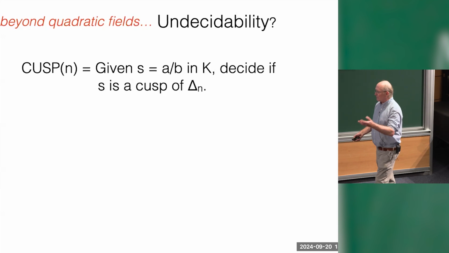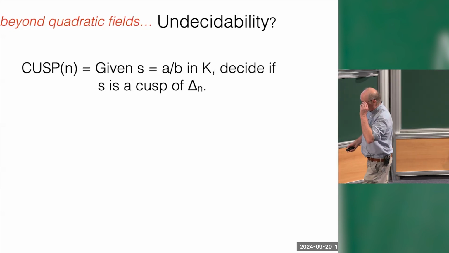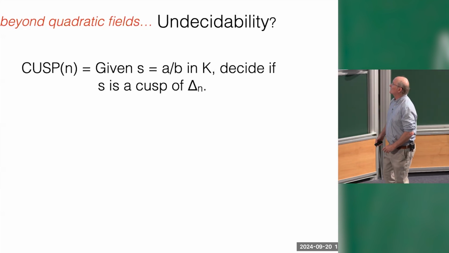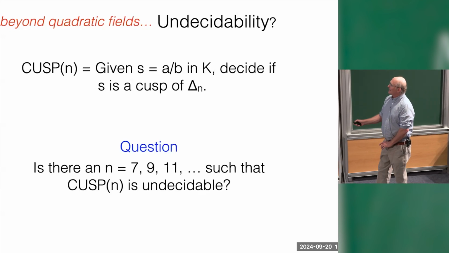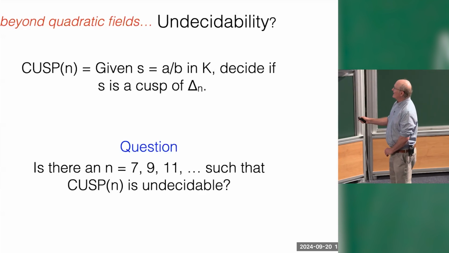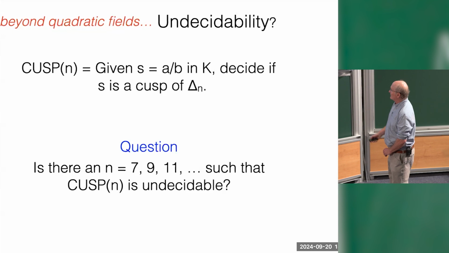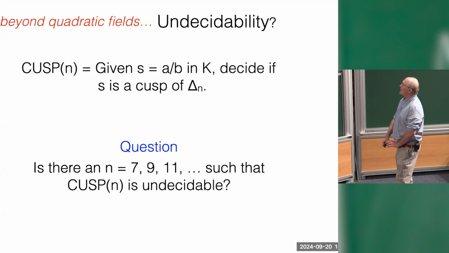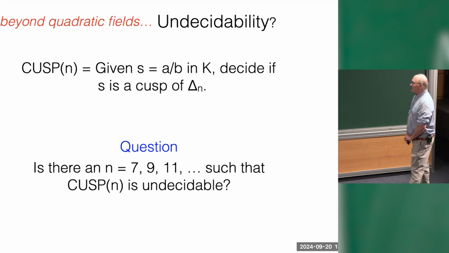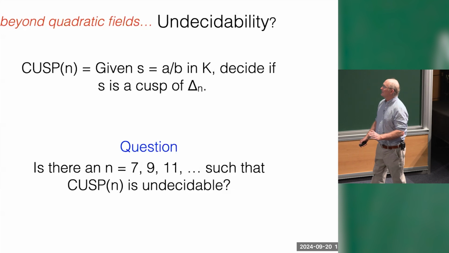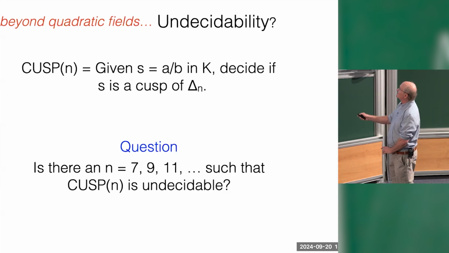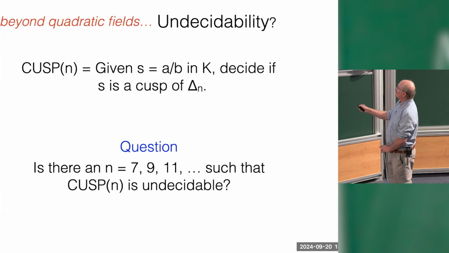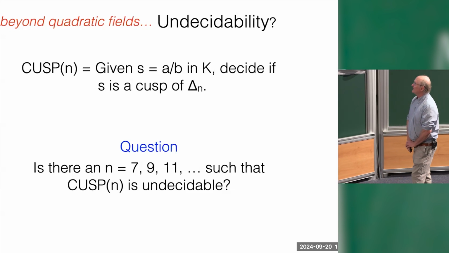So this is the (2, n, infinity) triangle group, generalizing the group Delta 5 that occurred earlier. So the question is, is there an n equals 7, 9, 11, etc.? These are the ones that are open, such that this problem is undecidable. In other words, such that there is no algorithm to solve this problem. There's no fixed algorithm. You fix n, you have to write your program, and then it has to work for every s that you input.